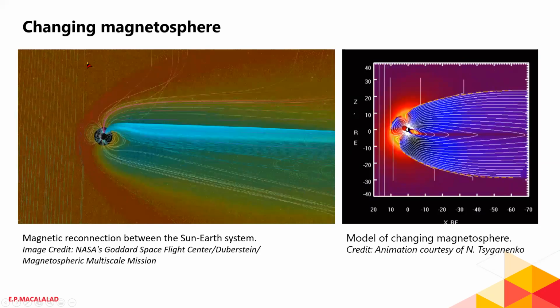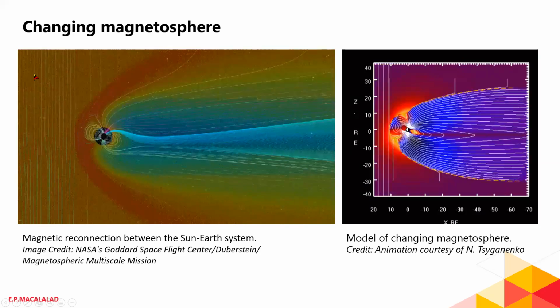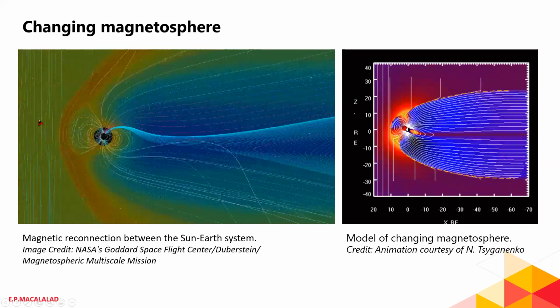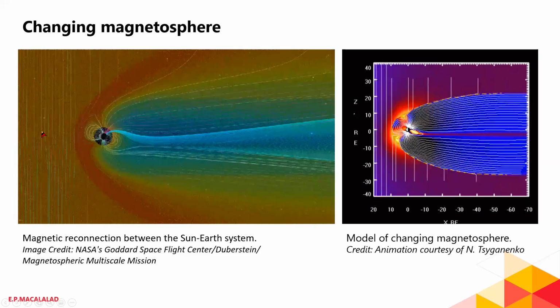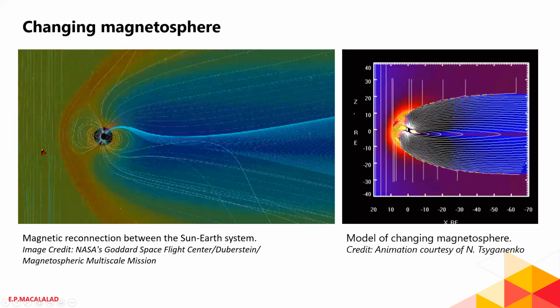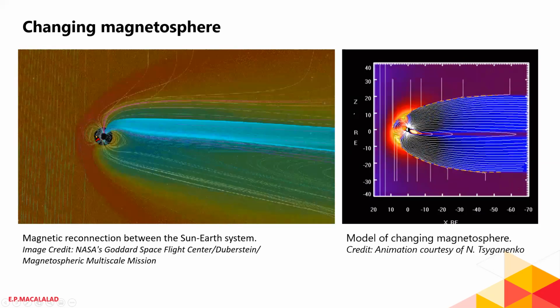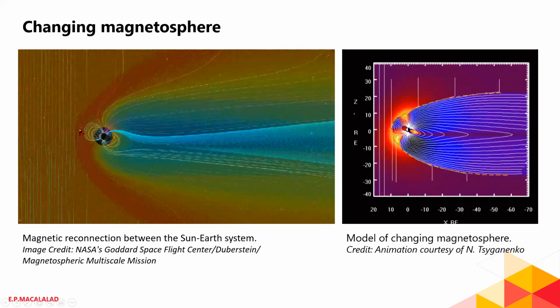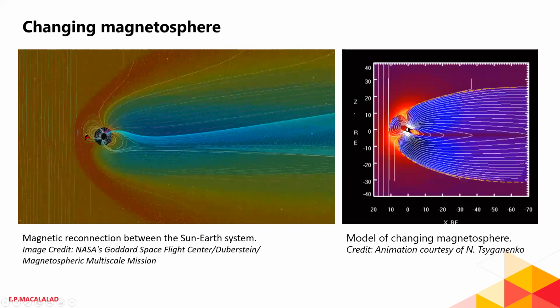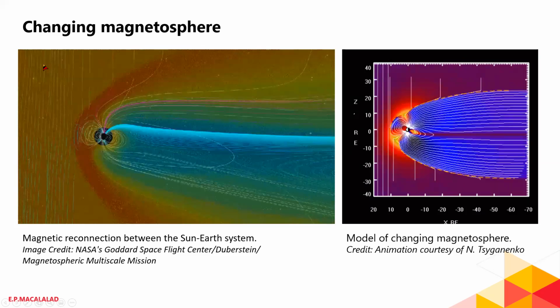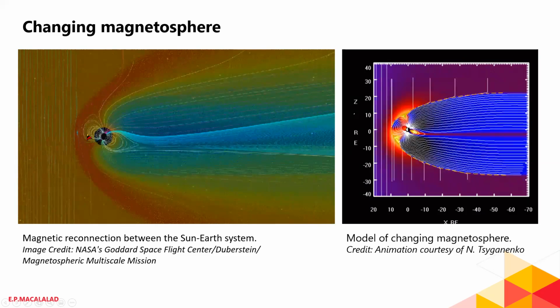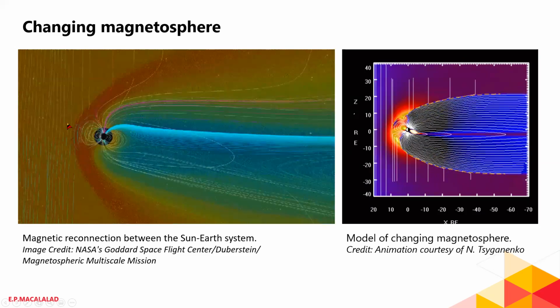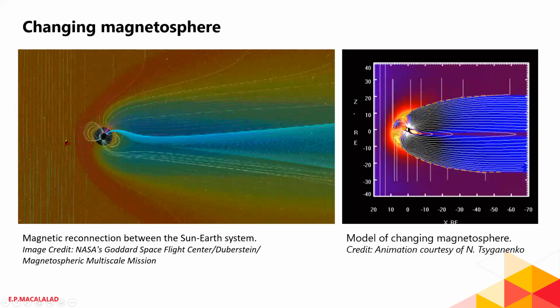You can see it here, no? When the solar wind particles become red, that means you have high energy, high density, and it is moving fast. You can see that the magnetopause at the day side is compressed, but when it is moving with low density, you can see that the magnetopause or the magnetic field is a bit relaxed on the front side.